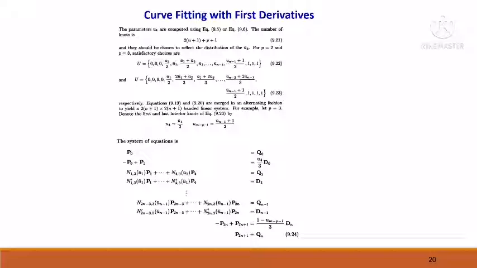For example, if p is equal to 3, these denote how the uk and these values differ. These are the system of equations that we get for different values of k from p equal to 0 to p4, as mentioned here, and it follows with n here.